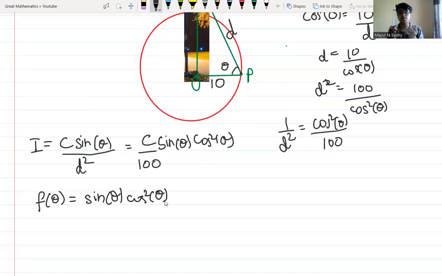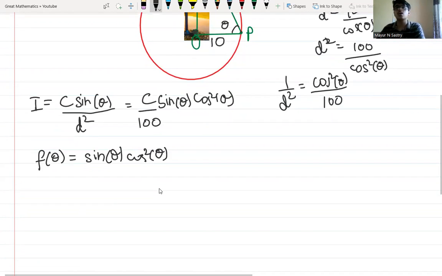There's this concept of calculus known as maxima and minima, which allows us to find the local maxima and local minima of a function f in a given interval. So here, obviously, theta must vary between 0 and pi by 2.